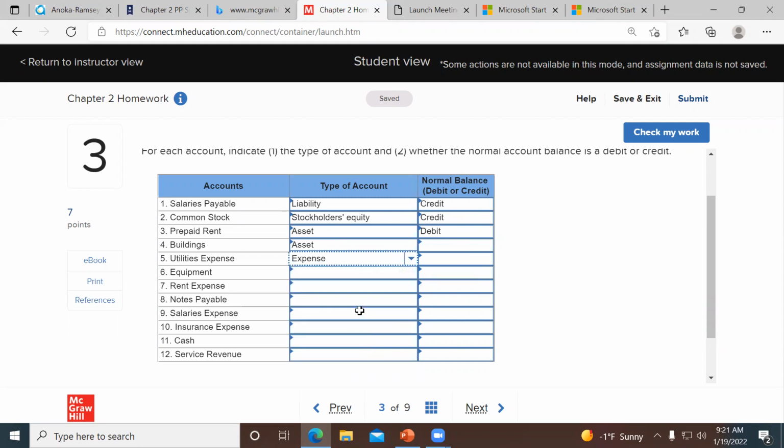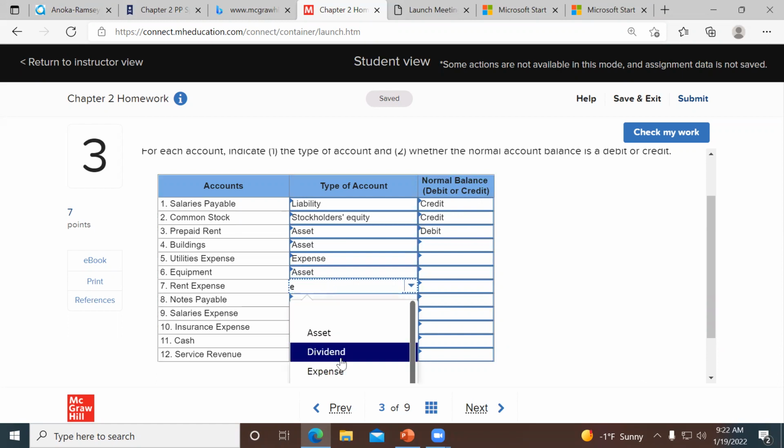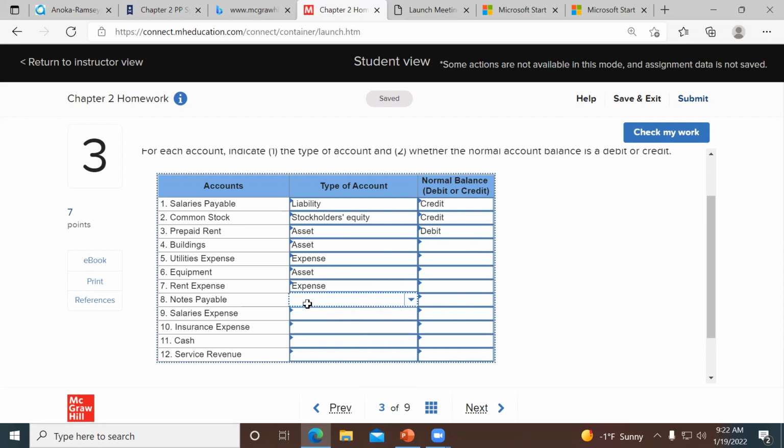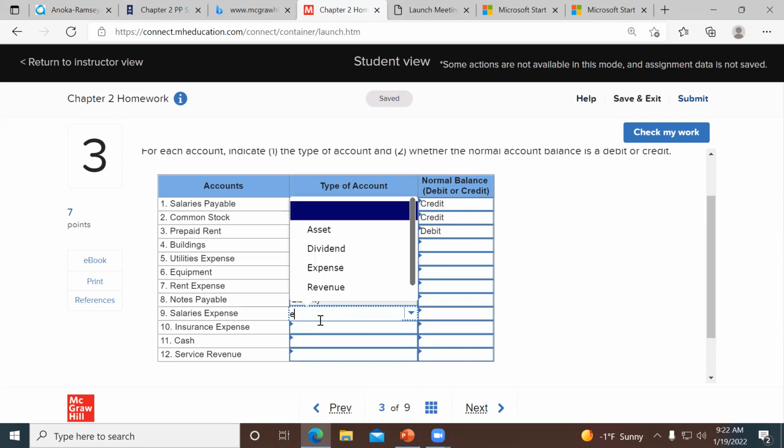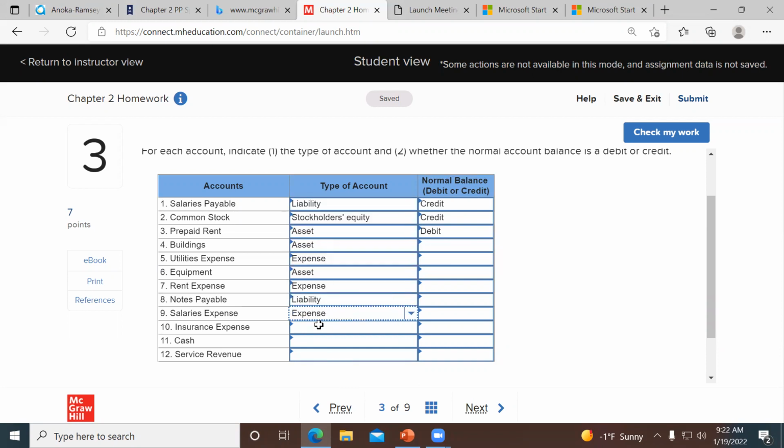Guys, remember with expenses, they will always have the word expense after it. Equipment, rent expense, notes payable, salaries expense, insurance expense. Oops. Cash, service revenue.